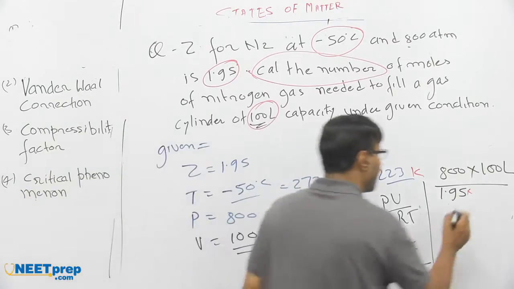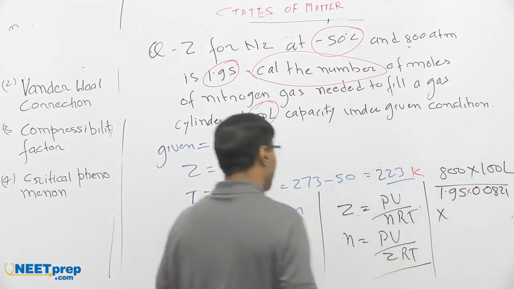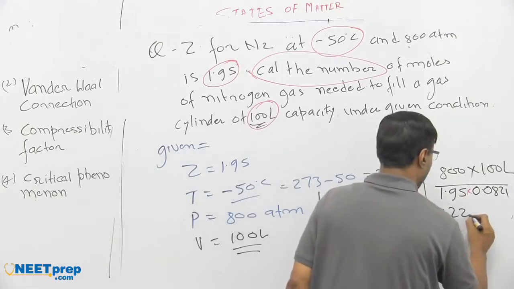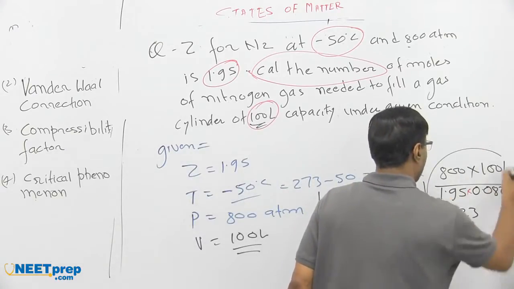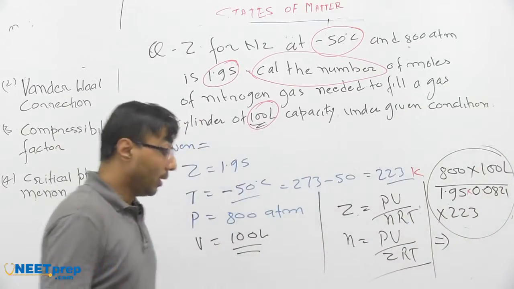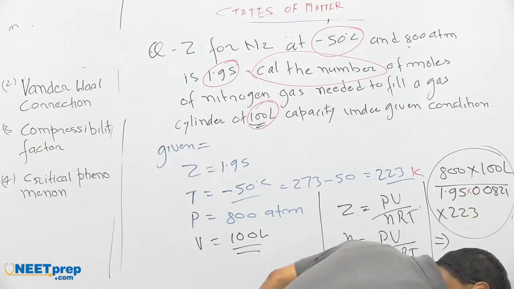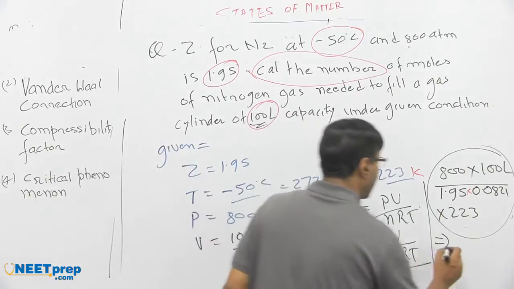So here we will take 0.0821. The temperature is 223 Kelvin. Put it in and the answer is around 228.